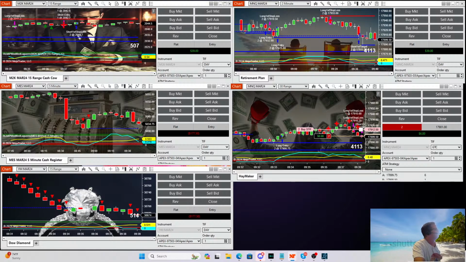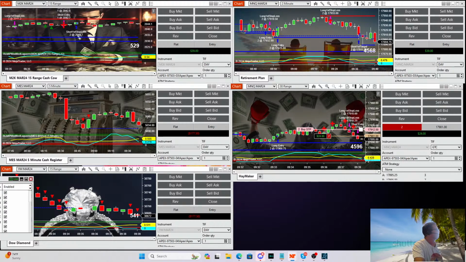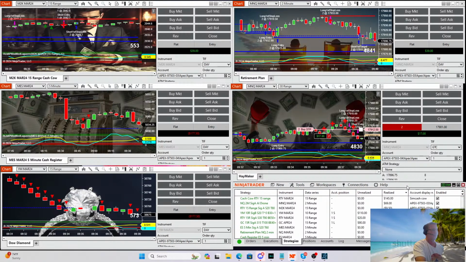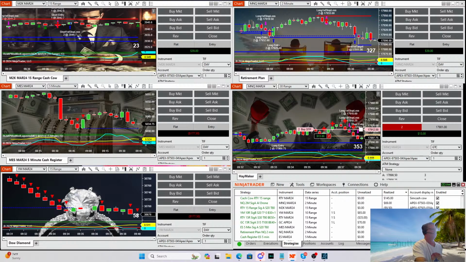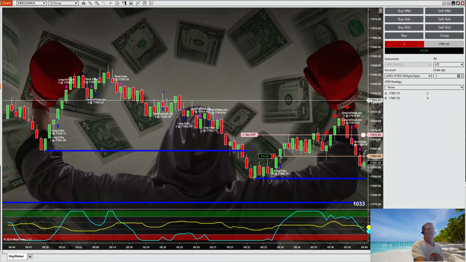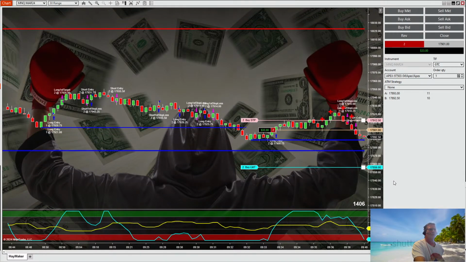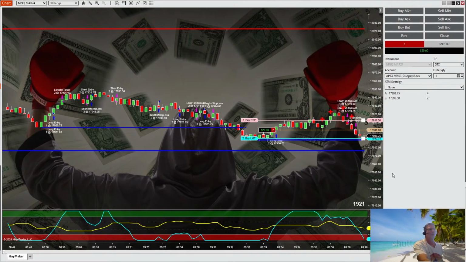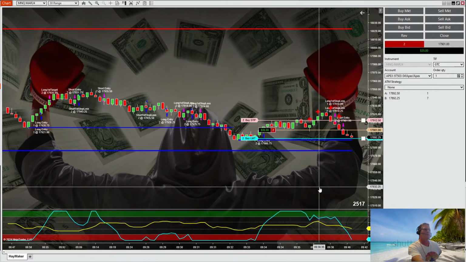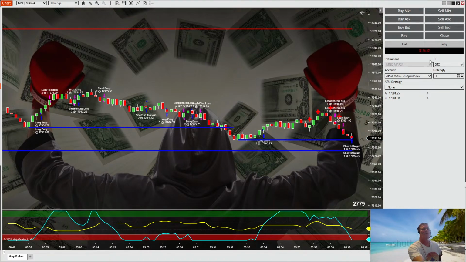On the micro, it's down. I'm going to put this right above that area of support or resistance.